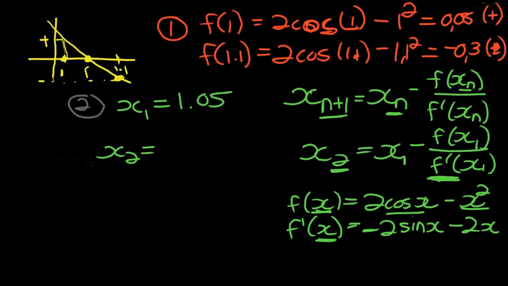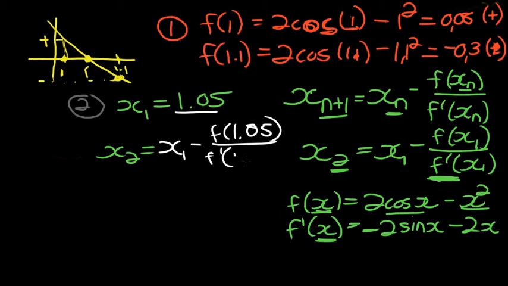Okay, so to work out x2, I'm going to work with white from now on. To get x2, you will need x1, which we know is 1.05, and you're going to put 1.05 into the function f and into the derivative.